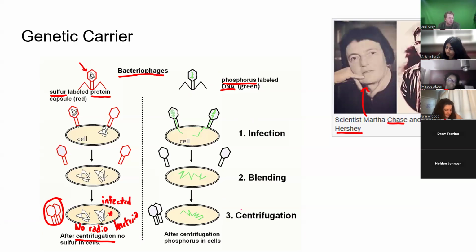The bacteriophage infected the bacterial cells, and then they did that centrifugation step and they separated. I'm just going to do a nice centrifuge tube here. And I would imagine that the bacterial cells, I'm going to say bacteria, are there.